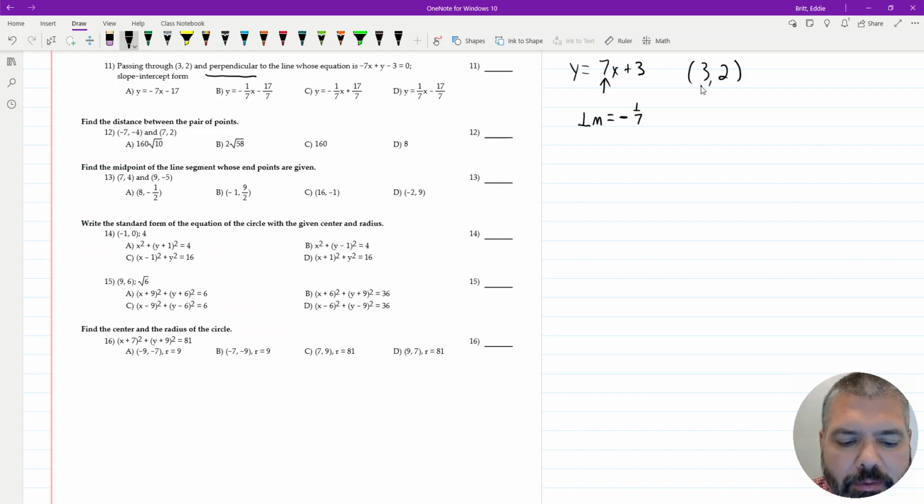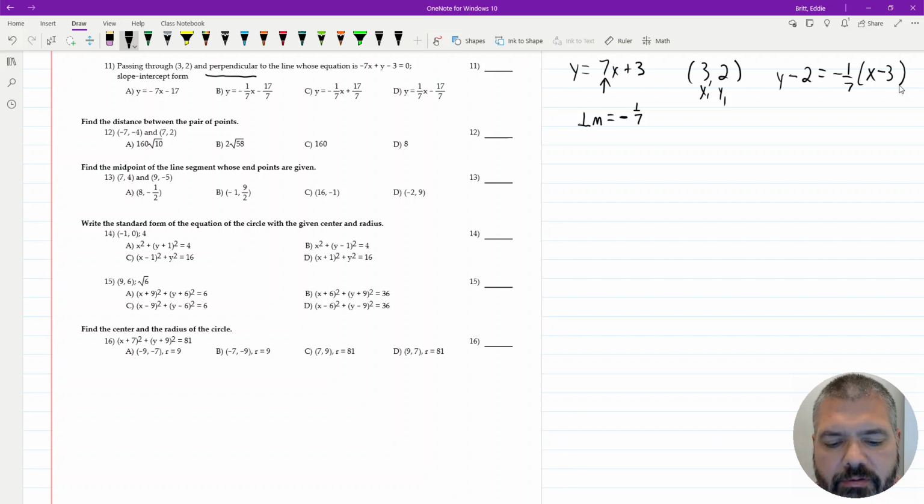Again, I think y'all know what form I'm going to put it in first here. I'm going to put this in point slope form first, and then I'll make it slope intercept. All right, so y minus y sub 1 equals m, which is negative 1/7, times x minus x sub 1. Now, just because I have a fraction here, don't freak out.